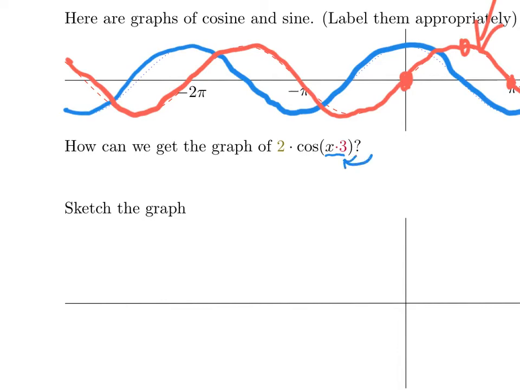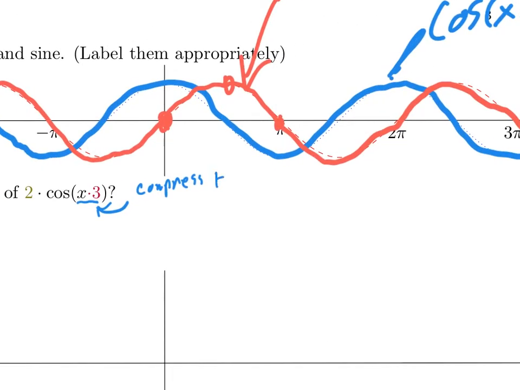So that will compress the graph of cosine of x horizontally by a factor of 3. Said a different way, all x values get divided by 3.